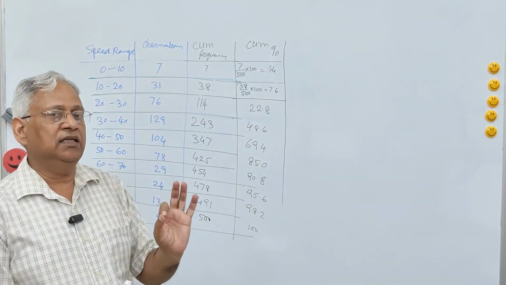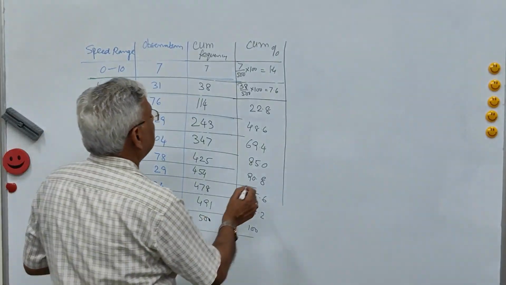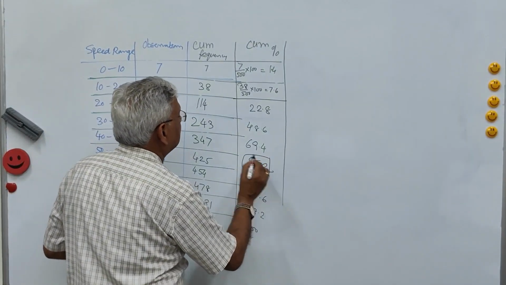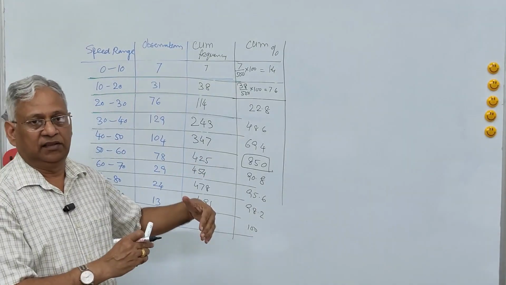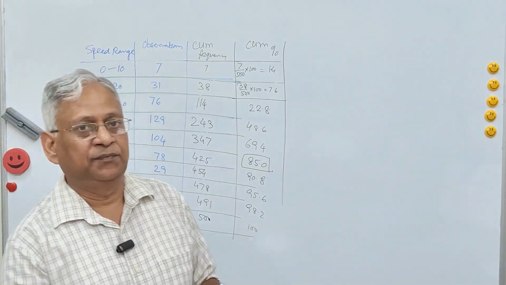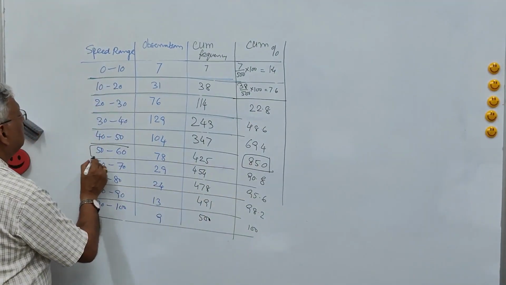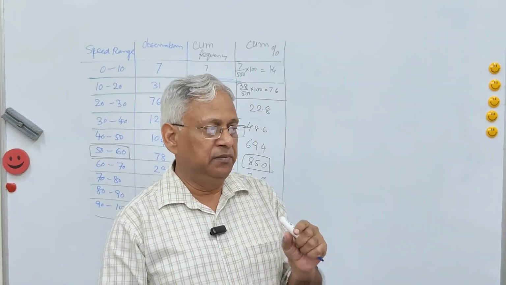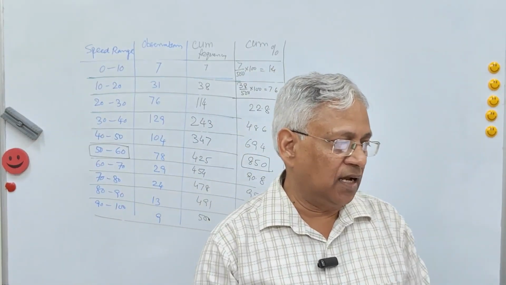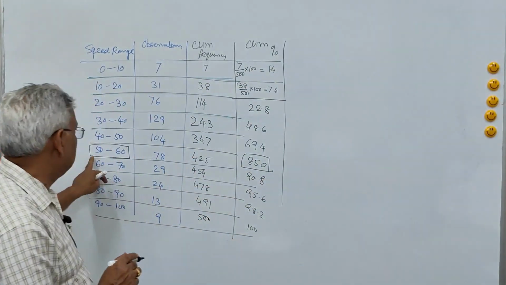Now you look at 85 percentile. Incidentally here you get exactly 85% at this speed. If you do not get it, then interpolate corresponding to 85%. And speed range is 50 to 60 and therefore the upper speed limit for the traffic sign will be the 85th percentile, 50 to 60.